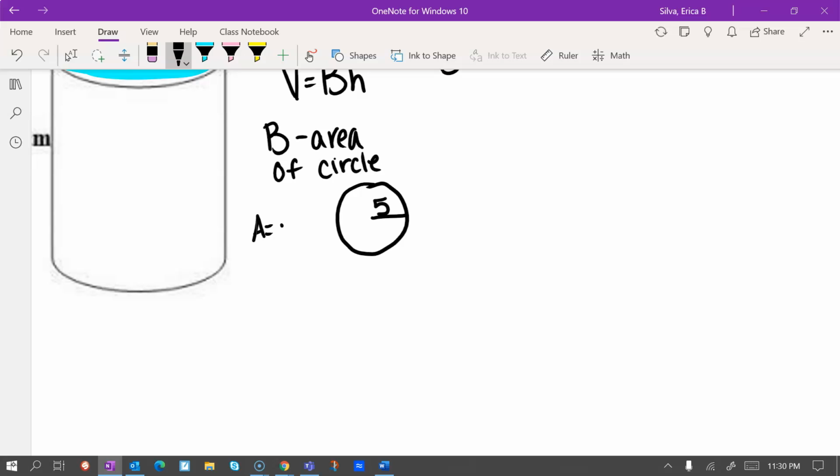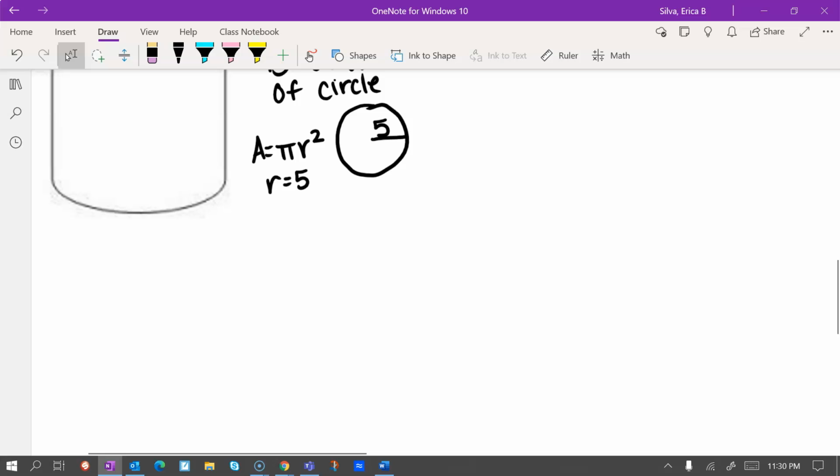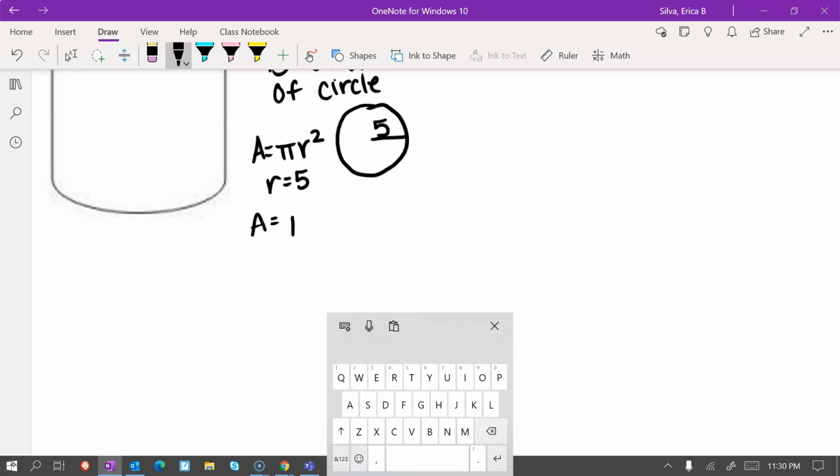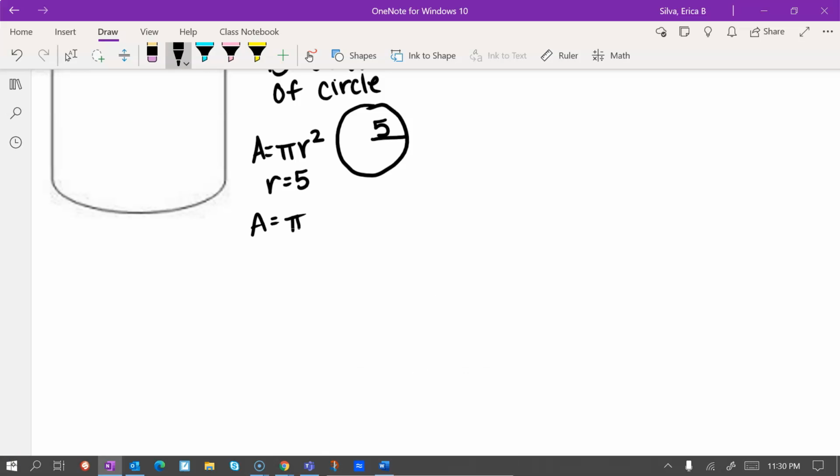And the area of the circle is pi r squared, where we need the r. R represents the radius, and the radius for this circle is 5. So let's go ahead and substitute pi times 5 squared, which is 25 pi, or if you decide to multiply the pi, we get 78.5 centimeters squared.